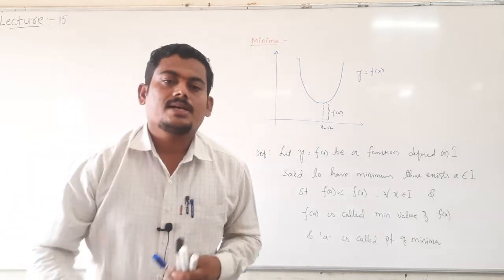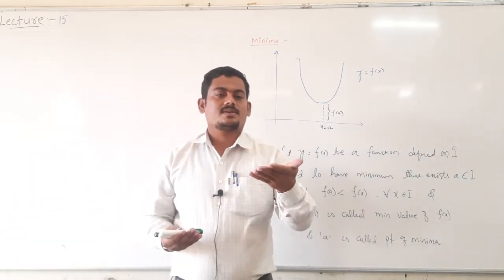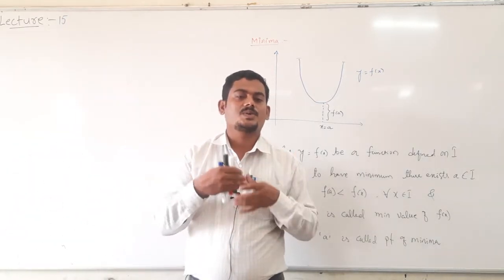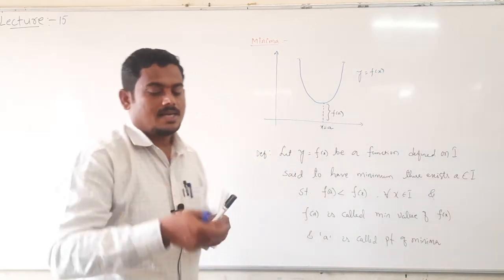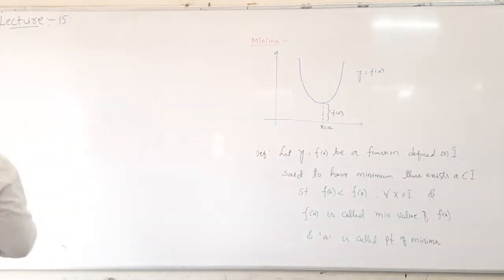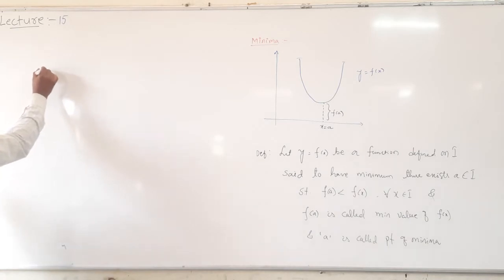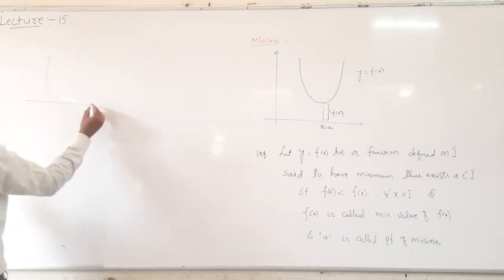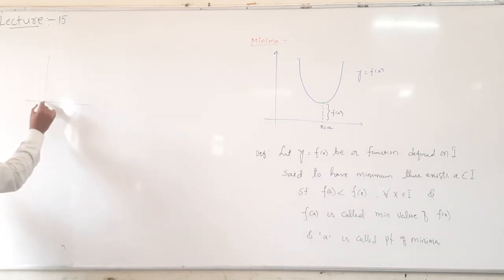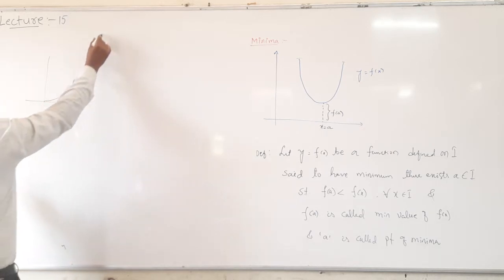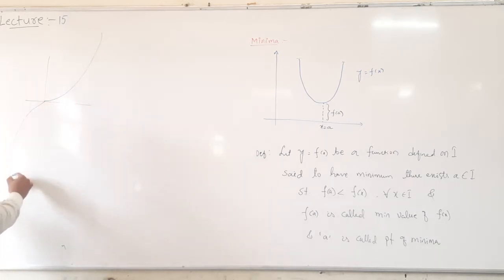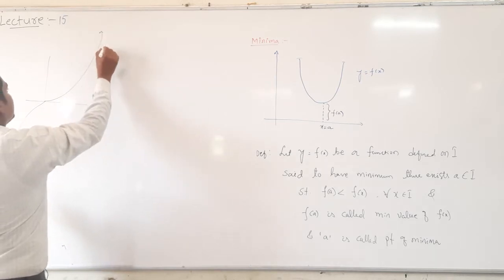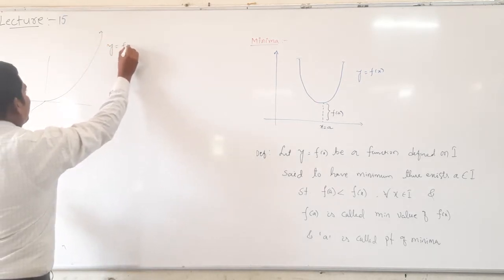And one more thing, for some functions maximum and minimum values do not exist, right? I will take one example. In general, this is y equal to some f of x.